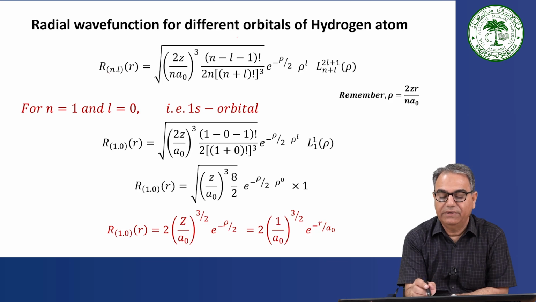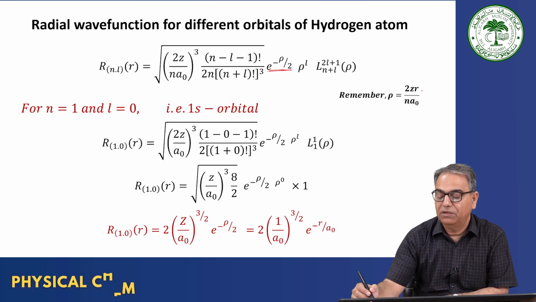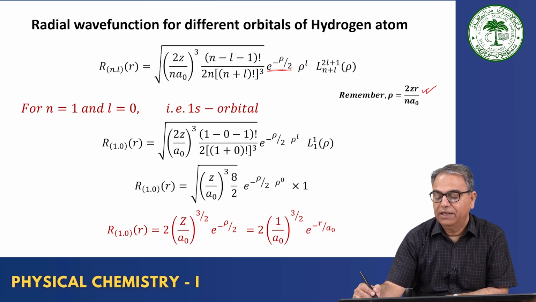The first function under the square root is the normalization factor, and then exponential minus rho divided by 2, we got as the asymptotic solution. And you should remember that rho is equal to 2Zr divided by n a0, where a0 is the Bohr radius, n is the principal quantum number, and Z is the atomic number.